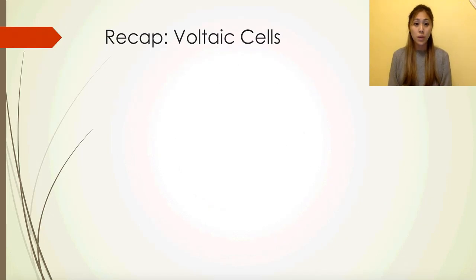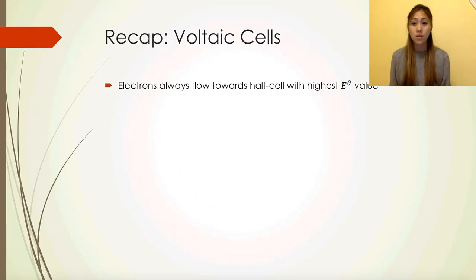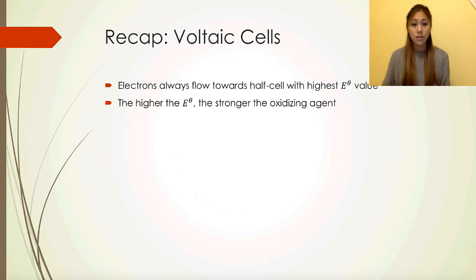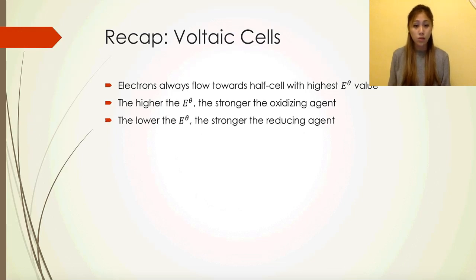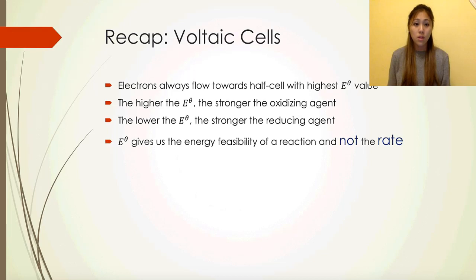So a quick final recap. Electrons always flow towards the half cell with the highest electrode potential value. The higher the E theta, standard electrode potential, the stronger the oxidizing agent. So remember, the more positive. The lower the standard electrode potential, the stronger the reducing agent, so the more easily oxidized.